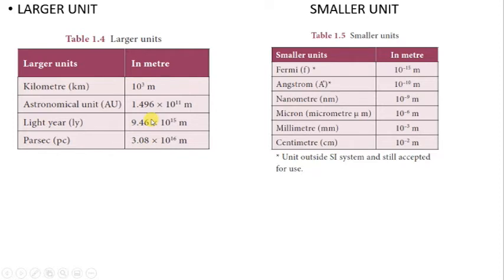So now we are going to learn about large units and smaller units. Larger unit is kilometer. See, micrometer, millimeter, centimeter, meter, and the largest unit is kilometer. So kilometer, small k, small m, in meter we will get 10 to the power 3 meter.